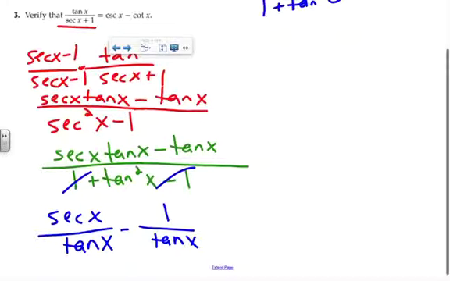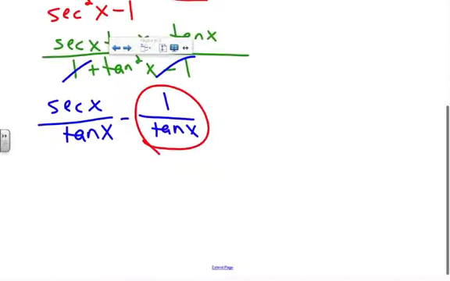Now this 1 over tangent x that I'm looking at here, right away, I see how it's going to become cotangent of x. I'm just going to take the reciprocal of it. So that part is done. So let me go ahead and get that cleaned up. Secant x over tangent x minus cotangent x.